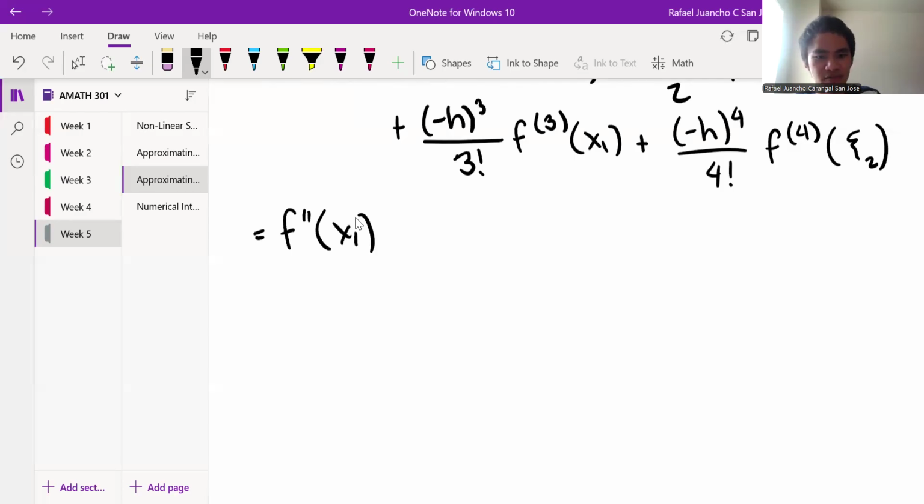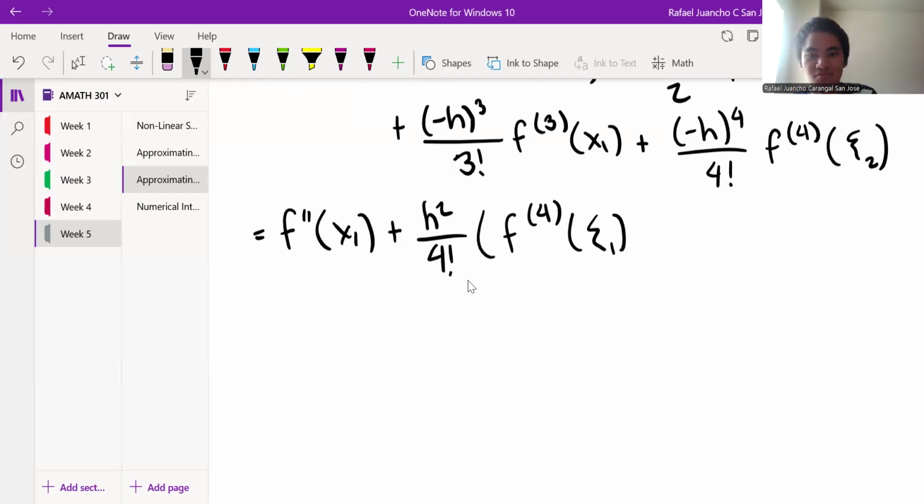I don't want to go in depth on everything because Taylor approximation is something I have yet to look at personally. This is to the fourth, and then I believe this was an error term. Yes, that's an error term. And then the other one here is that other error term.